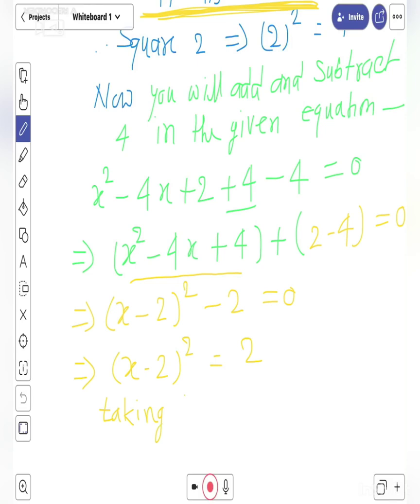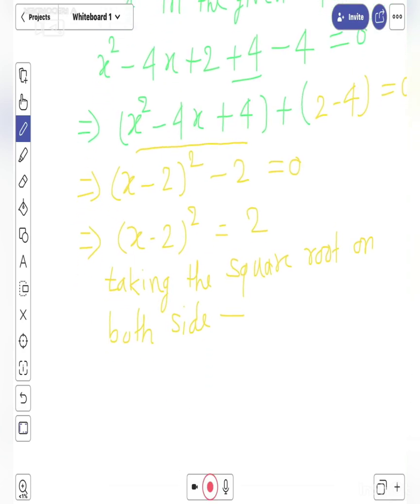Taking the square root on both sides, you will get x minus 2, the square root of this number, the square goes away, and on the right hand side you will write plus minus under root 2.